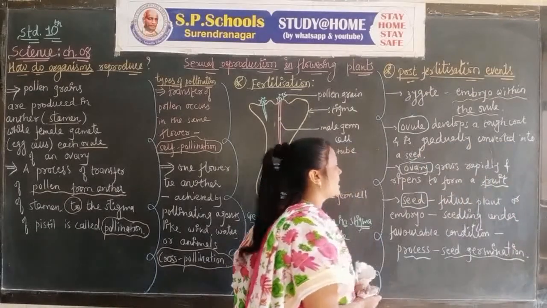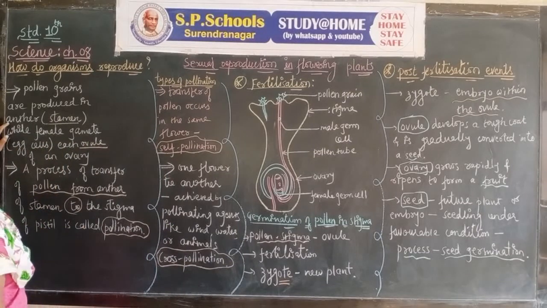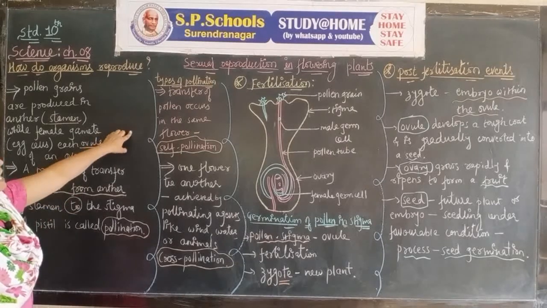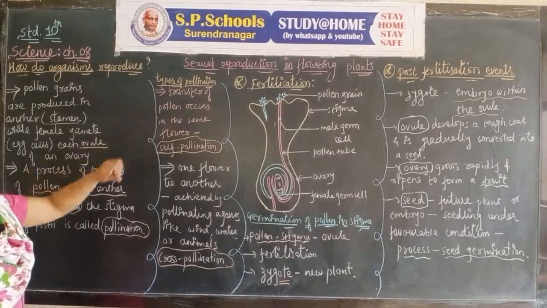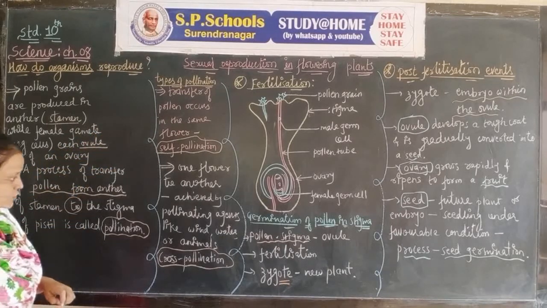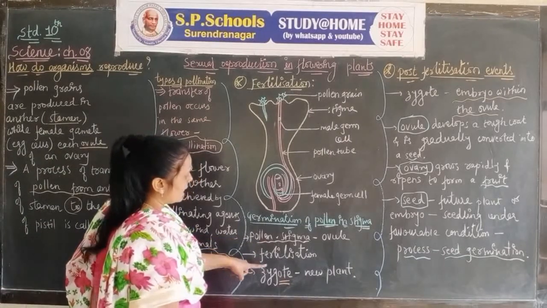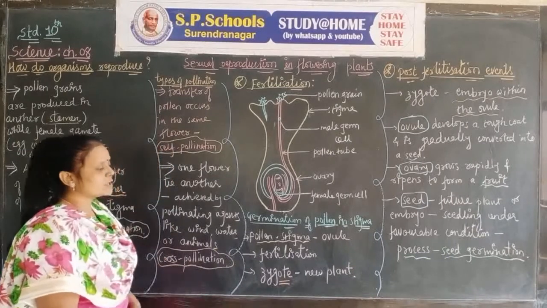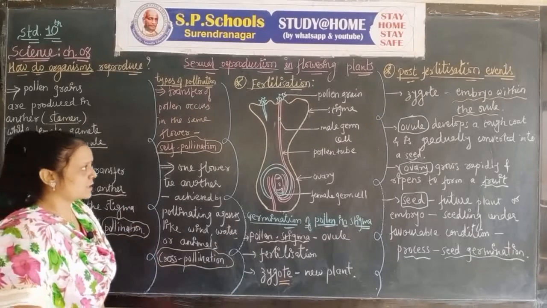First you have to write the information about the anther and ovule, then write the definition of pollination, then the types of pollination, self-pollination and cross-pollination, then give the diagram of fertilization, when fertilization occurs and what fertilization is. After fertilization the zygote develops and holds the future plant.